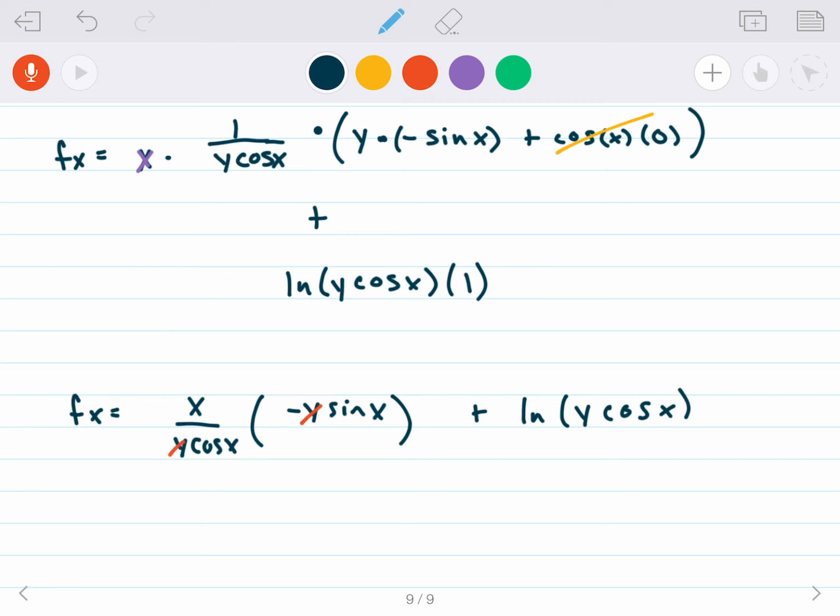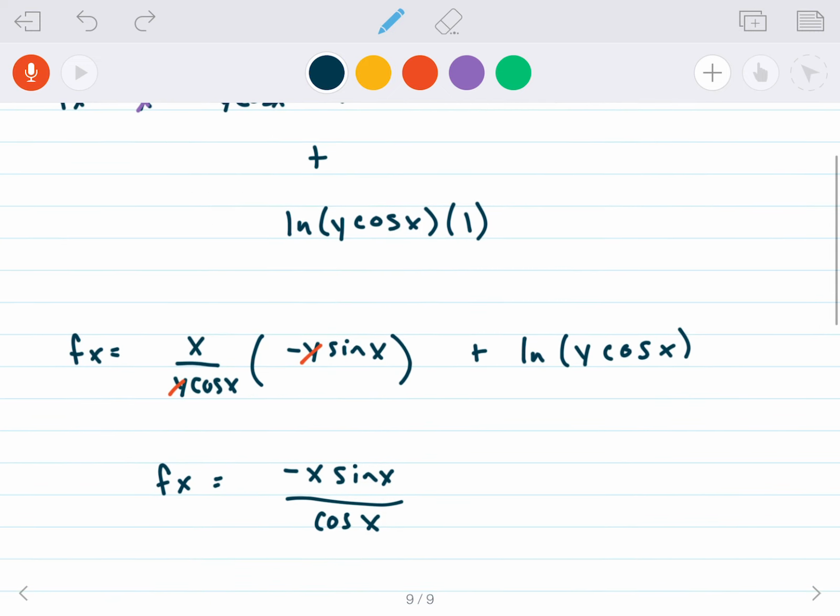That would clean it up a little bit. And we get negative x sine x on top over cosine x on bottom, which, by the way, is tan x. Just a little Easter egg there. Not really important, I guess, but anyway. And we have this. Alright, so that's it.